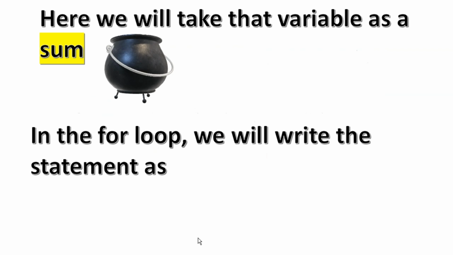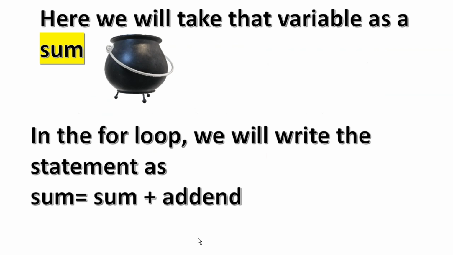In the for loop, we will write the statement as sum = sum + addend. What does it mean? Whatever we wish to add, we will add in the same container and that container will be updated again and again. That's why we are using a for loop.